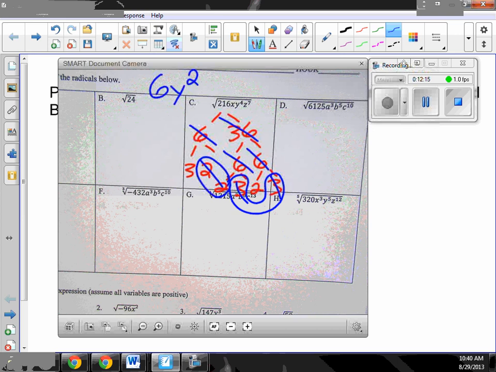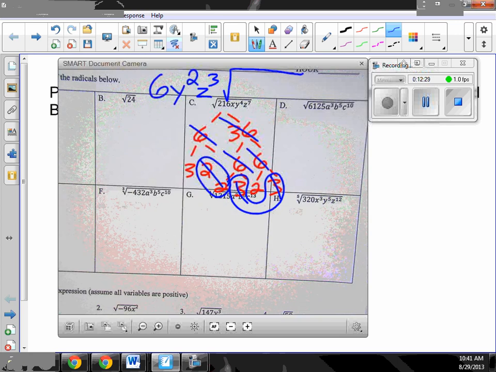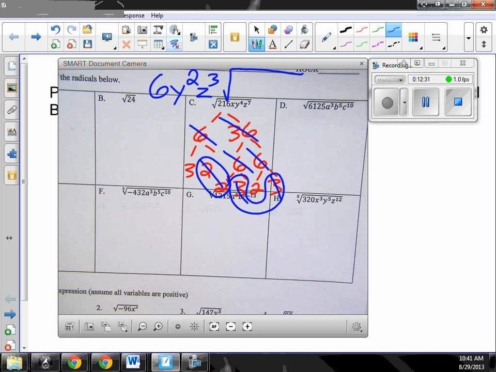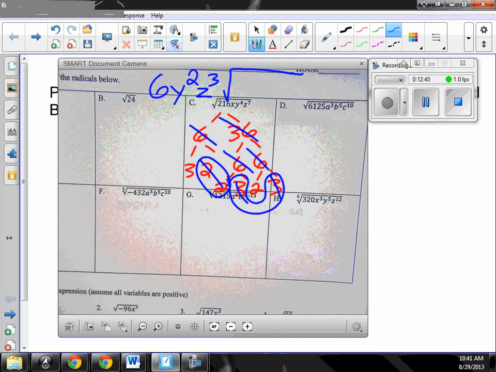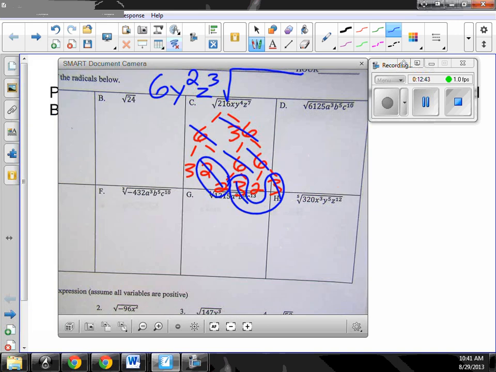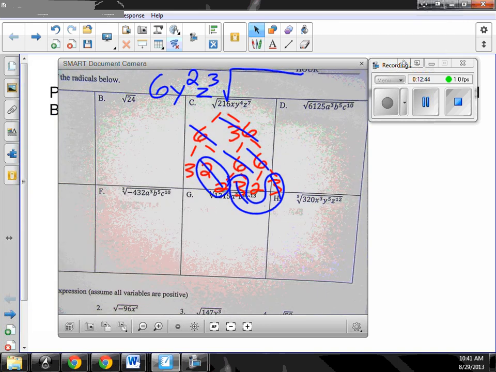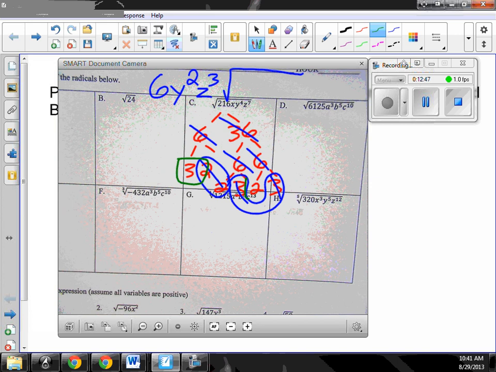How about z's? I have 7 z's. So I have 3 pairs with 1 left over. So 3 of them come to the front, and then 1 will be left over on the inside. Did any x's remain on the inside? Were there any x's that didn't come out? 1. Oh, well, first let's do, I had a 3 left over and I had a 2 left over.